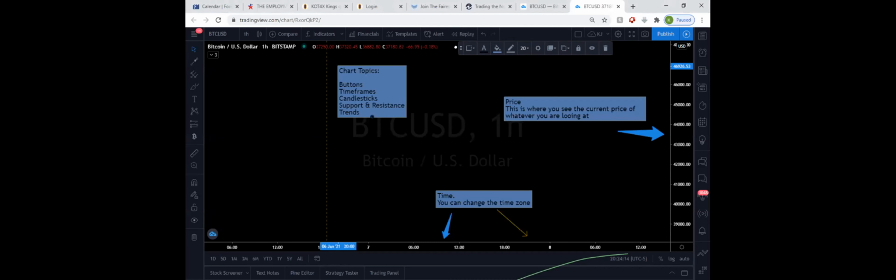All right, getting started with the chart. Everybody on here should be familiar with the charts when you get ready to trade. If you're doing a demo account and you're just starting out, open up your chart on your demo and make sure you're familiar with it, whether you're using it on your phone or on your computer, and make sure you're comfortable with what you see and how you see it.